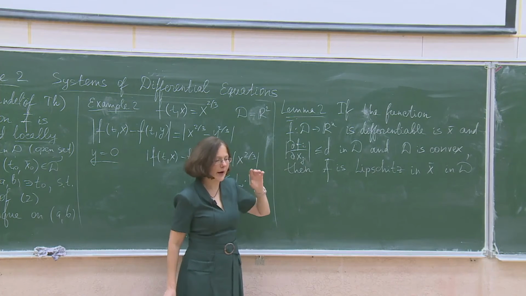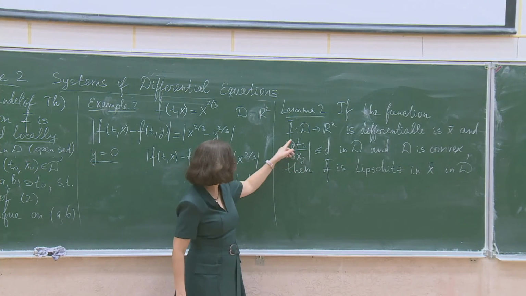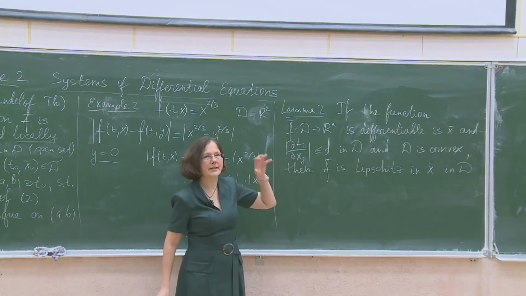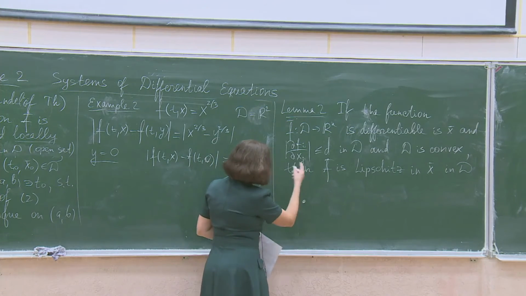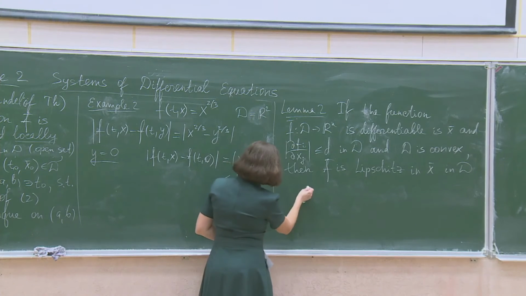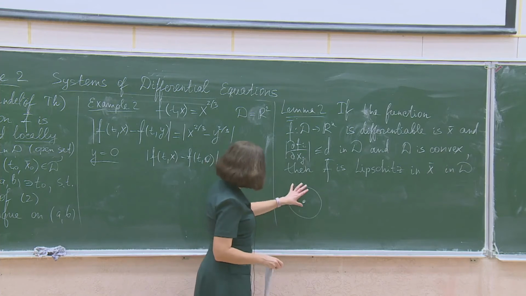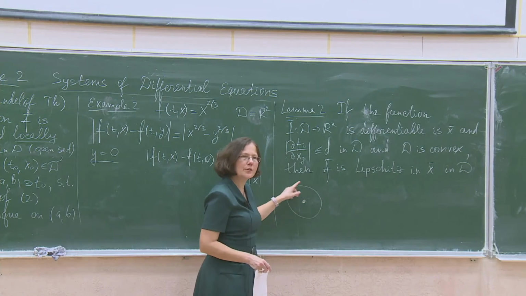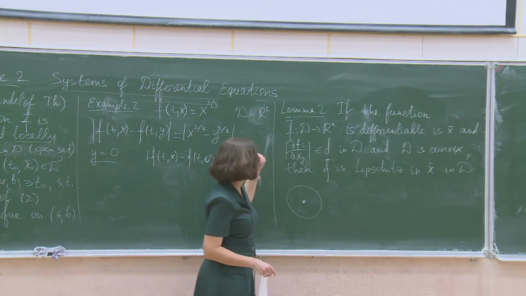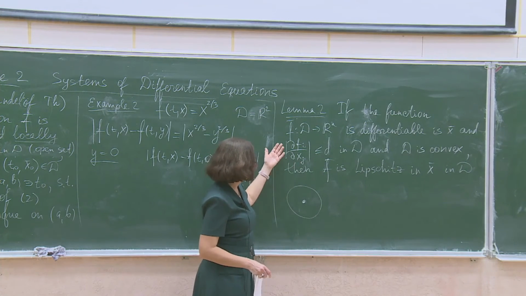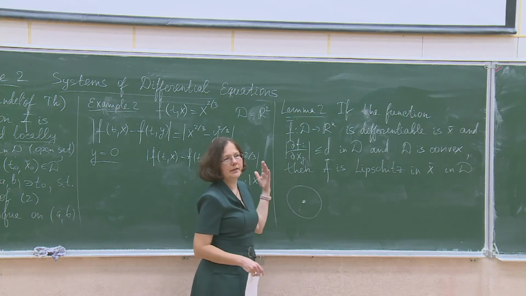By the Weierstrass theorem, any continuous function is bounded on a closed set. If we want to check whether our function is locally Lipschitz or not, we can choose a ball, let it be a closed ball containing its boundary. Then these partial derivatives, if they are continuous, must be bounded.